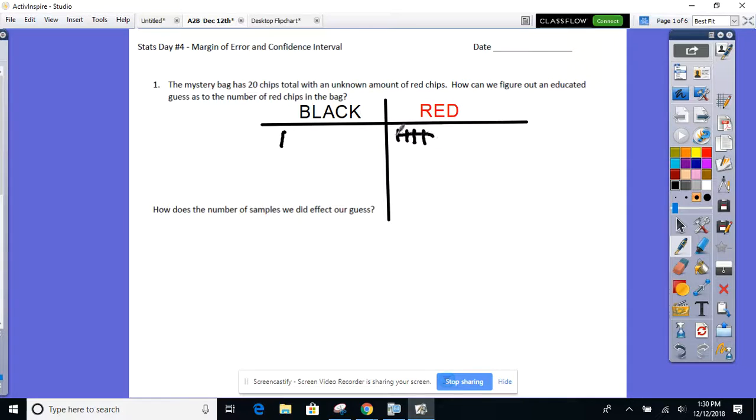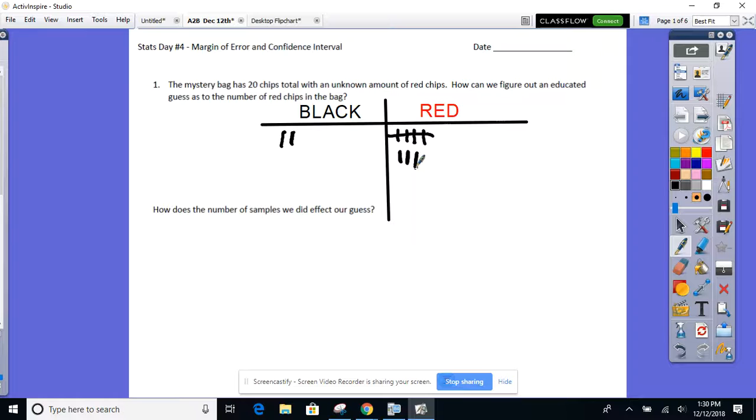Red. Put your paw in there, Ian. Let's go. Oh, black. Put it back in there. You're going to throw off my numbers. Red. This is fun. Red. Oh, red.